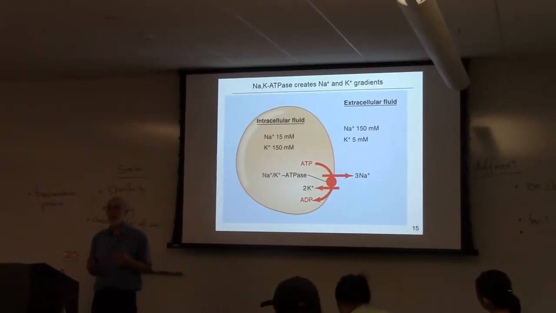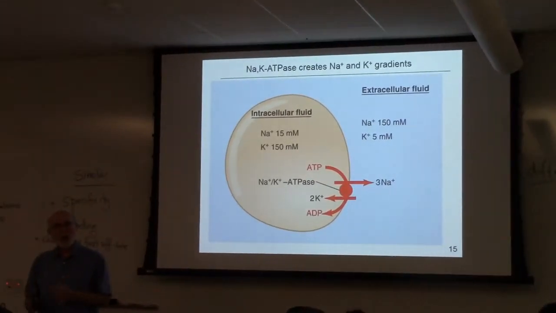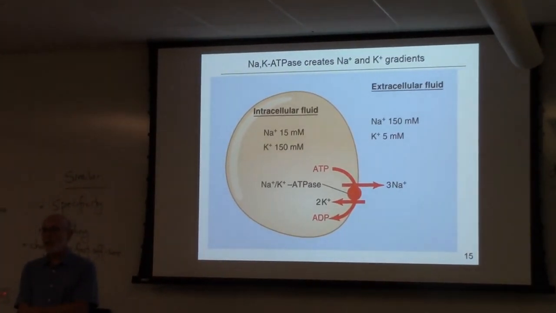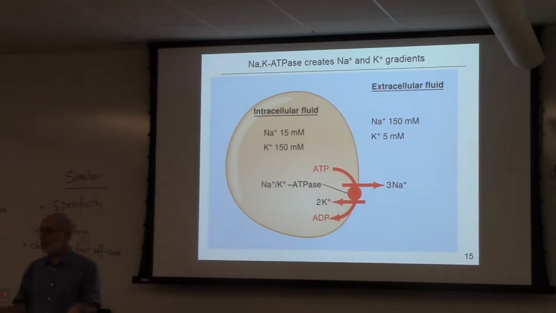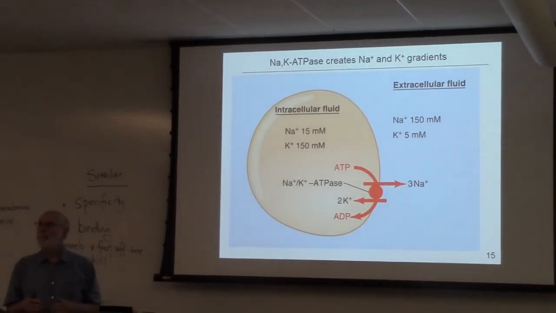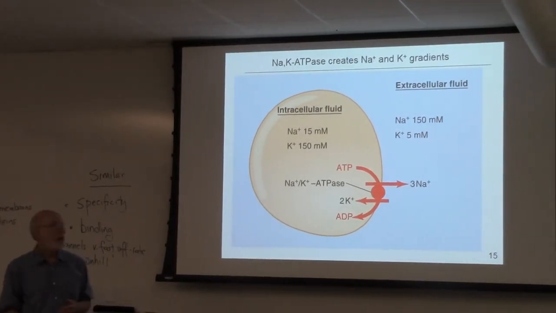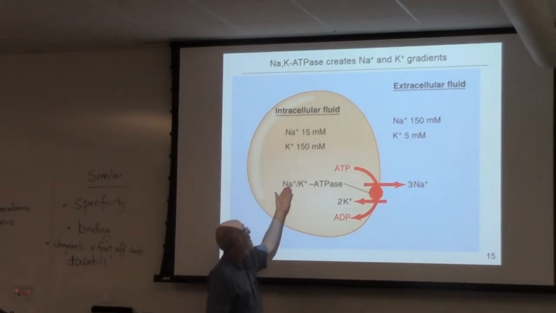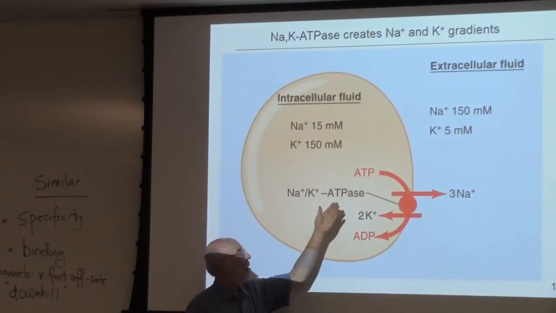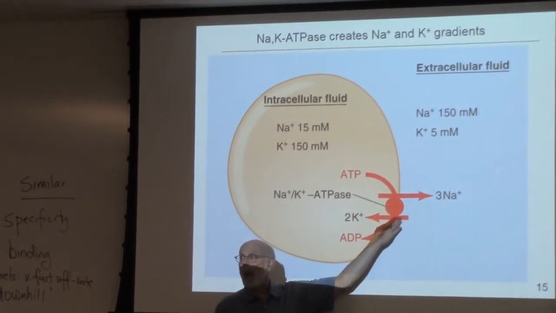ATPases are primary active transporters, and co-transporters are secondary active transporters. Active transporters use energy to establish a gradient. The most important one is the sodium-potassium ATPase. This couldn't be blobbier than this, right?